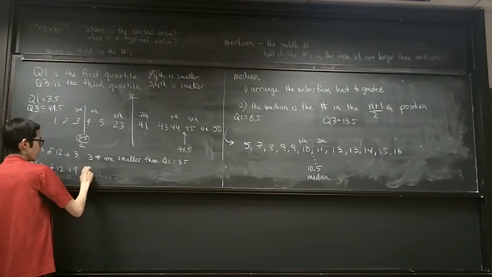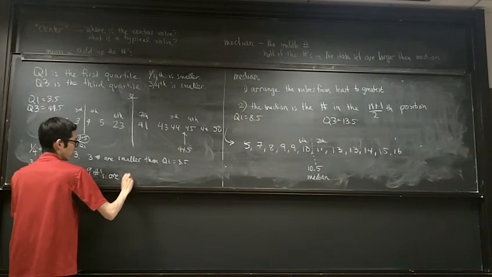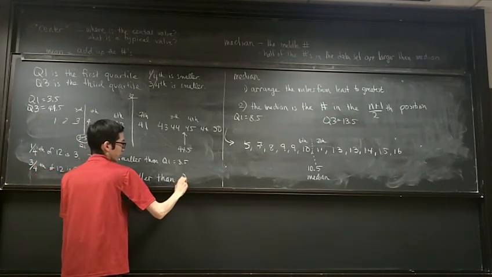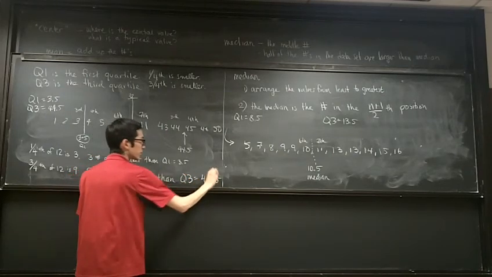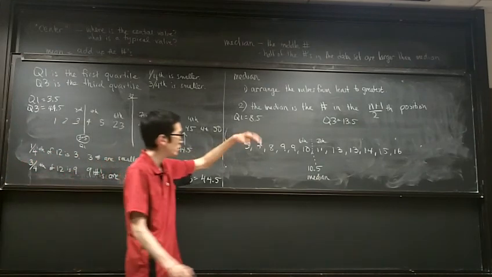And over here, 9 numbers are smaller than Q3, which is equal to 44.5.